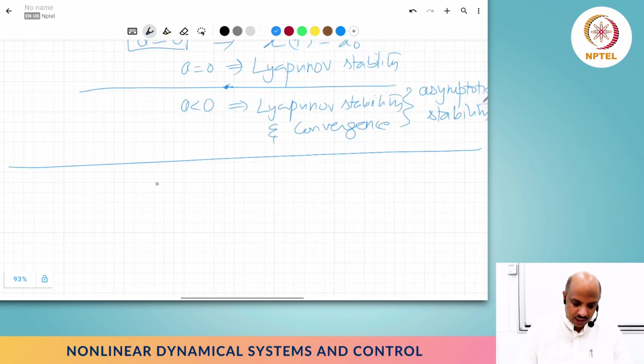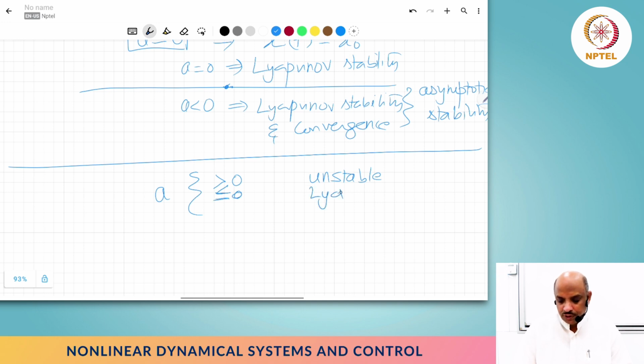Just three cases. If a is greater than 0, we get an unstable equilibrium. If a is equal to 0, Lyapunov stability, or I'm going to say less than or equal to 0, Lyapunov stability. And strictly less than 0, asymptotic stability. And there's nothing more complicated than this, right?